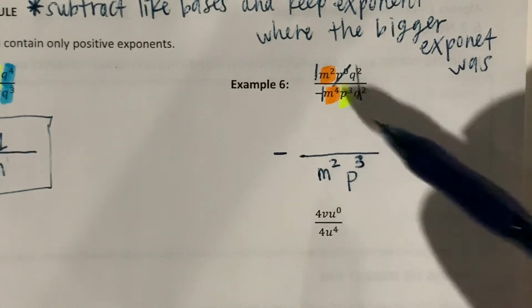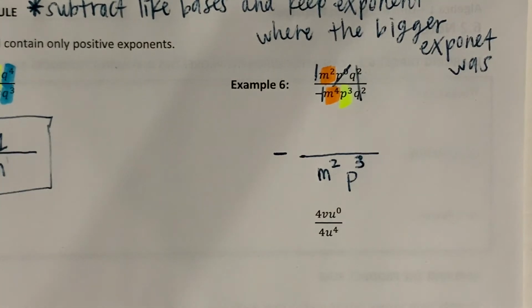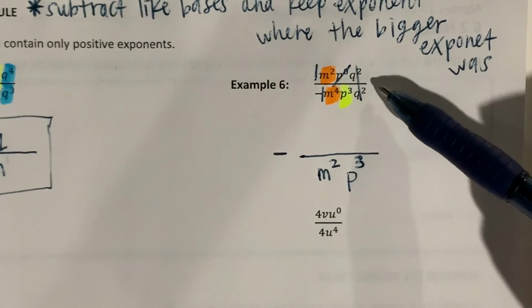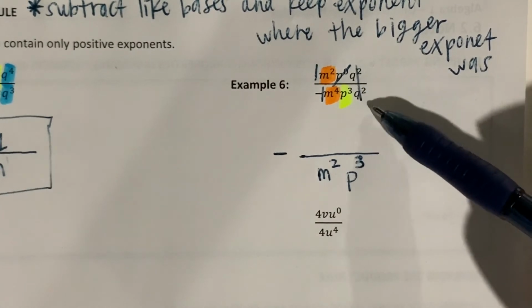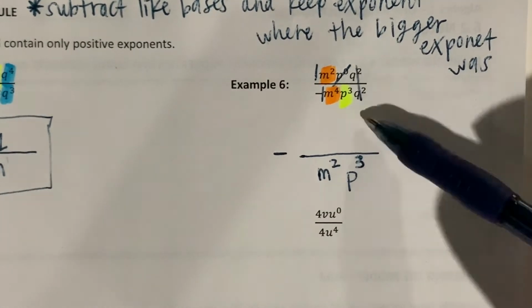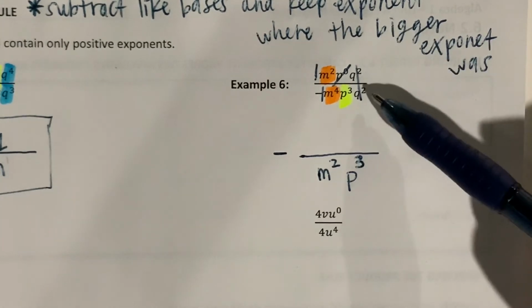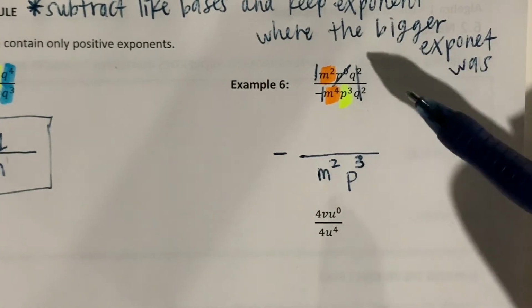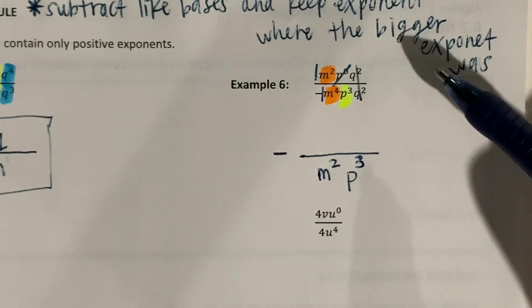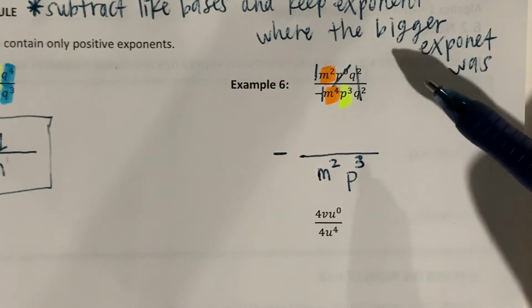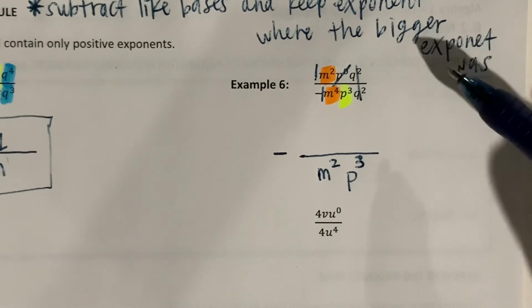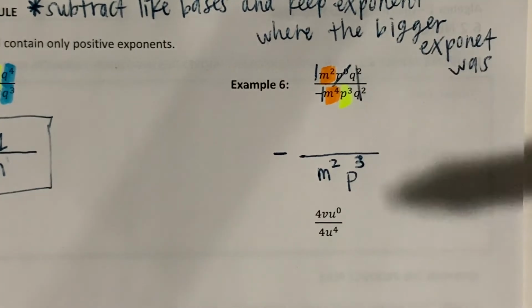And so this would just become the number 1, and it's silly to write times 1 because we've already said anything times 1 is just itself. If you didn't notice that my q squared and my q squared drop out, you could have done subtraction. 2 minus 2 is 0, and you would have q raised to the 0 power, and we said anything raised to the 0 power is just 1. So again, that's dropped out.